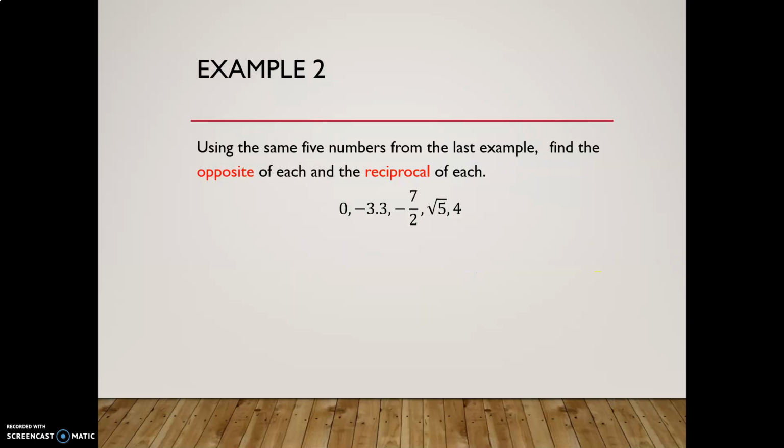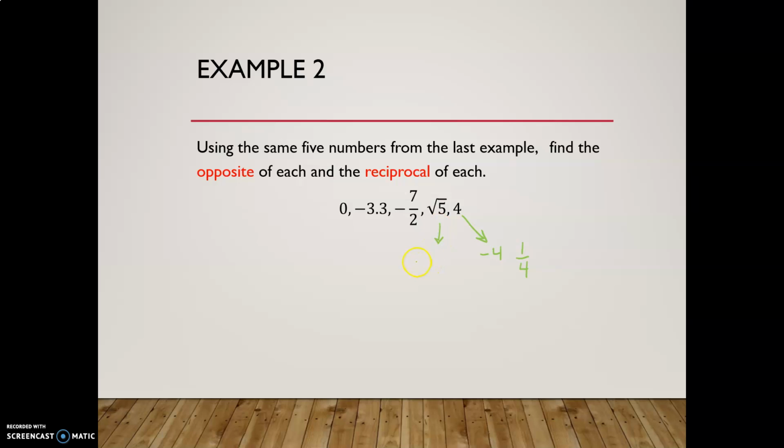All right, using the same 5 numbers from the last example, find the opposite of each and the reciprocal of each. I'm going to start from the right because I don't want to work with 0 just yet. 4, the opposite is just going to be -4, and then the reciprocal of 4 is going to be 1/4. Square root of 5, this one's a little tricky.